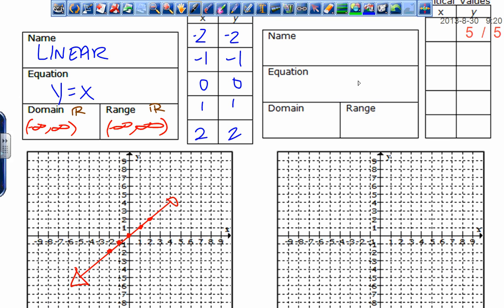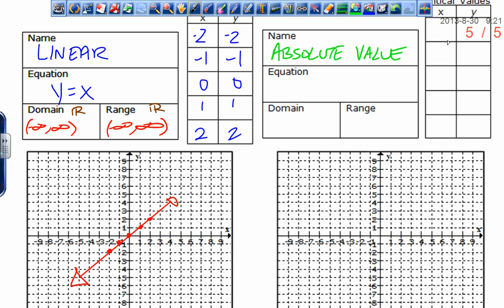Okay, the next one we're going to do is called the absolute value. It's kind of like combining two linear functions together.